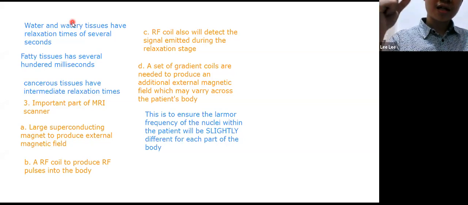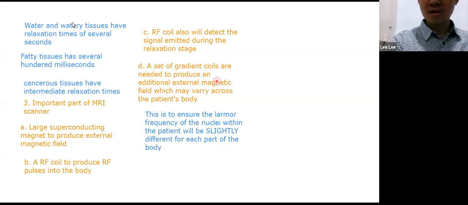So you can adjust B and not only the radio wave. It's easier for us to adjust B. That's why at point D, they suggest you use gradient coils. The purpose is to add an extra magnetic field, so the frequency will be different for each part of the body. It will be easier for us to track.